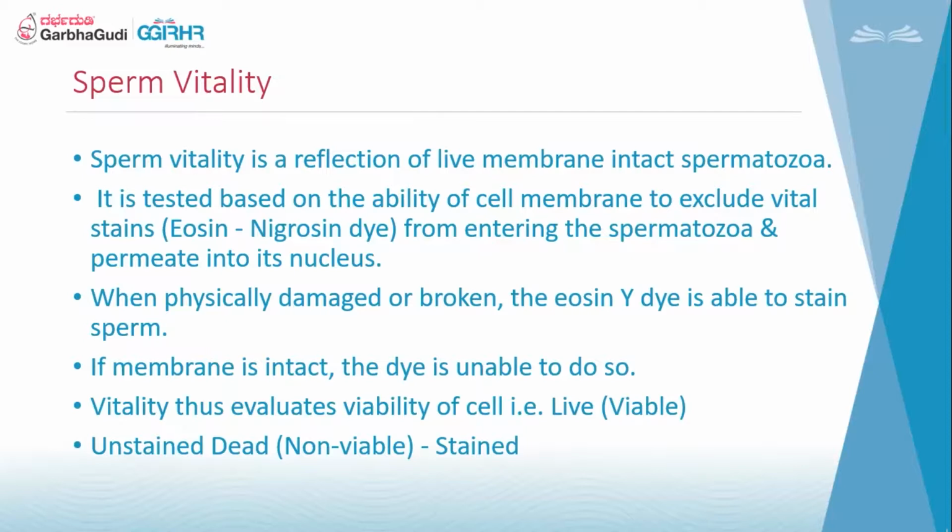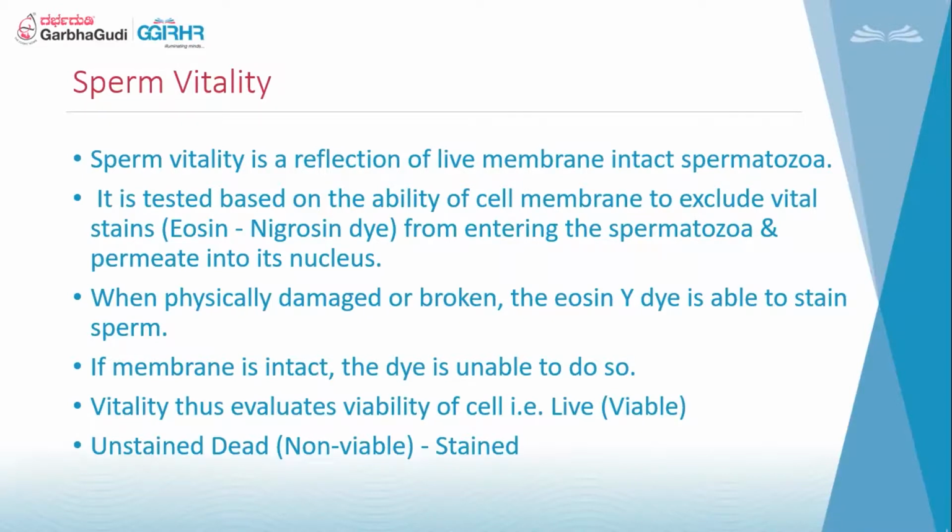In the previous slide, I told you that viable sperm will not be stained. Why are they not getting stained? Because they have an intact membrane. If the membrane is intact, the dye cannot enter and cannot stain. This is the main principle behind it.